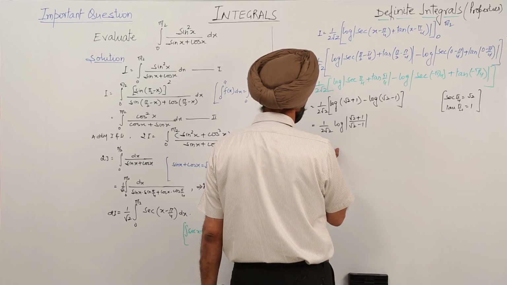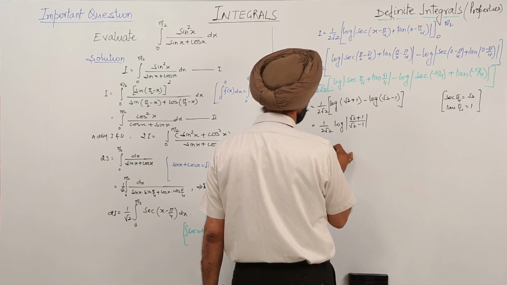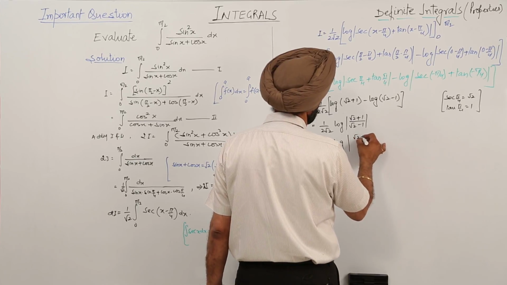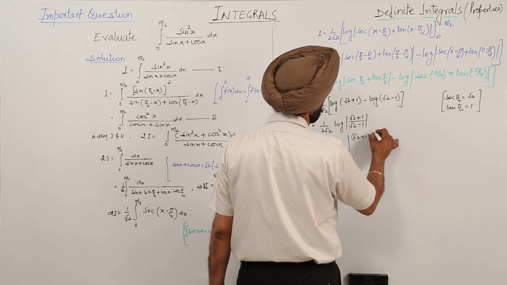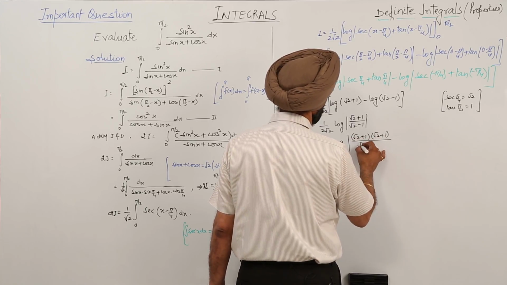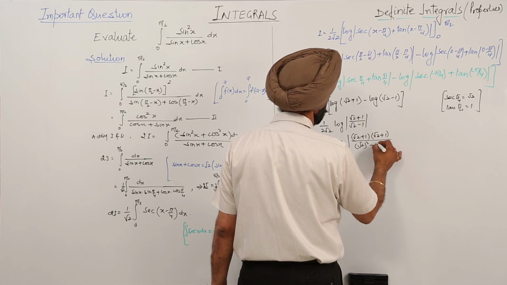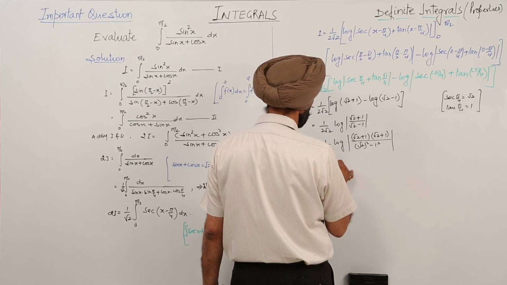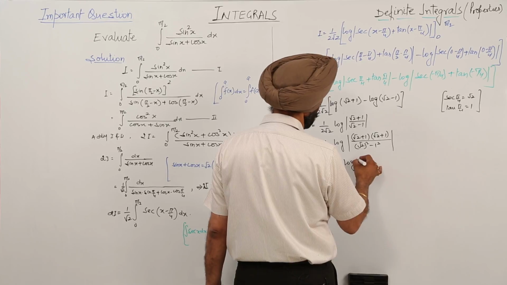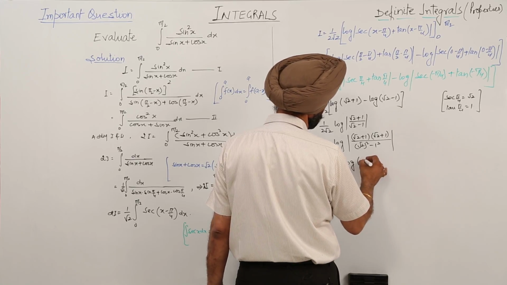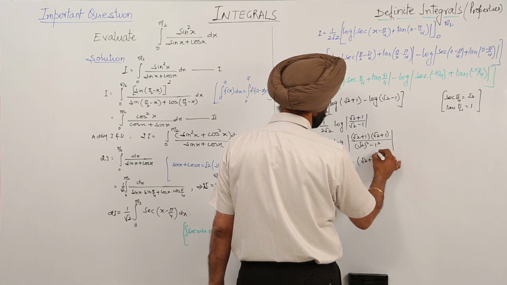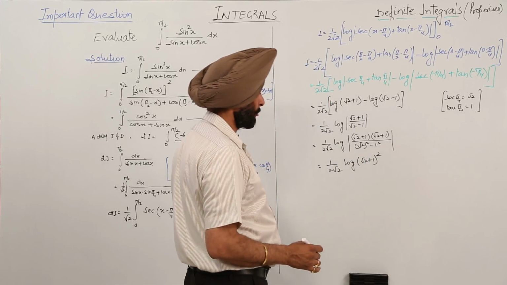Now this becomes 1 upon 2 root 2 log of root 2 plus 1, on rationalization, root 2 plus 1 upon root 2 whole square minus 1 square. That is 1 upon 2 root 2 log of root 2 plus 1 whole square.